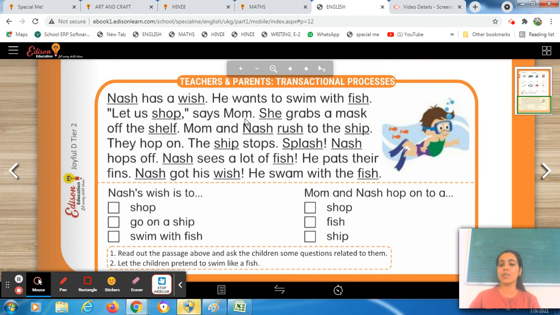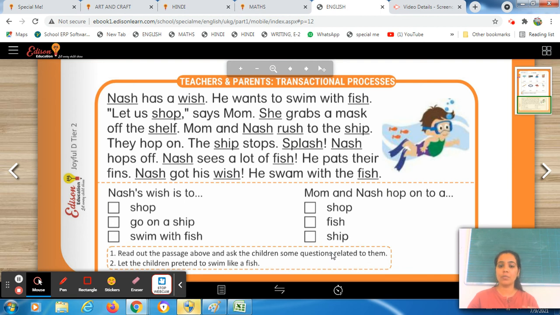तो ये जो आपको passage given है, you have to read out and then ask the children some questions related to them. So you have to read in that manner ताकि आप उसको understand भी कर सको. If someone is asking a question with you, you must be answerable for that particular question. Okay? Whenever you read something, तो आप समझने की भी कोशिश करो उसको, ठीक है?